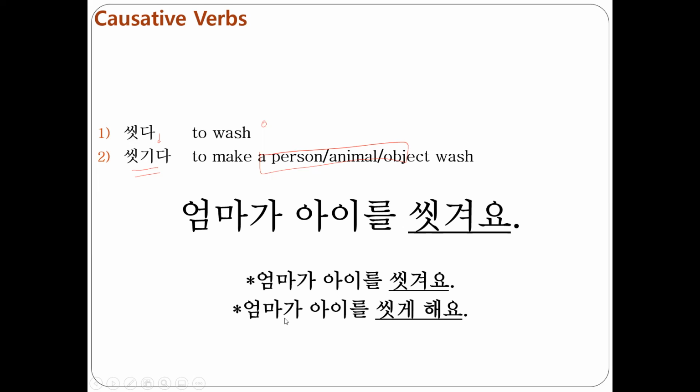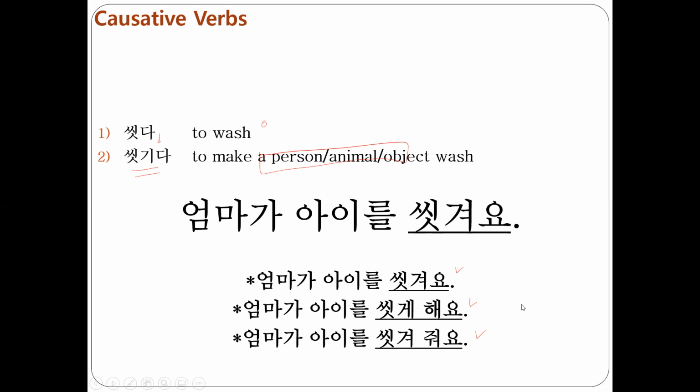Okay? 그런데 엄마가 아이를 씻게 해요. 그 make form으로, mom makes the child wash가 되고요. 또는 you can translate this way too. 엄마가 아이를 씻겨줘요. 엄마 washes the child for the child. 어/아 주다 structure. We also, according to the context or according to the speaker's point of view, use 시켜요, 뭐뭐 하게 해요, 어/아 줘요.